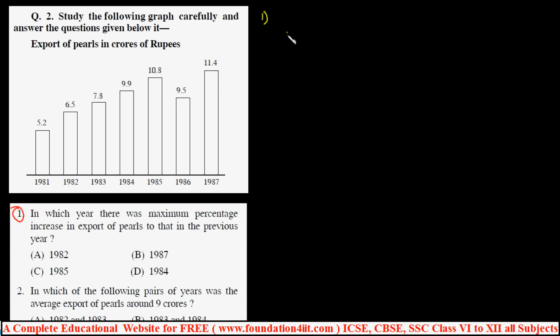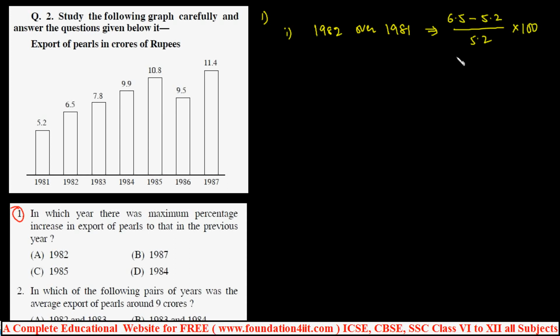Okay, the first one is 1982 over 81. We need to check this. So 1982 over 1981. So how much percentage? That means 6.5 minus 5.2, divided by 5.2 only, because it is over 1981, into 100.